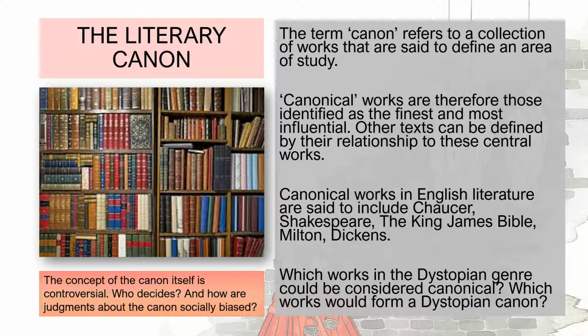The concept of canon itself is controversial and has become much more controversial in the latter part of the 20th century because the canon tends to be quite narrow. Writers tend to be almost universally middle-class males who are white, and critical perspectives recently have looked at perhaps dismantling the canon or broadening the canon to include works in English from non-white writers or from a non-British perspective, the post-colonial perspective that brings in works from writers of different cultures.